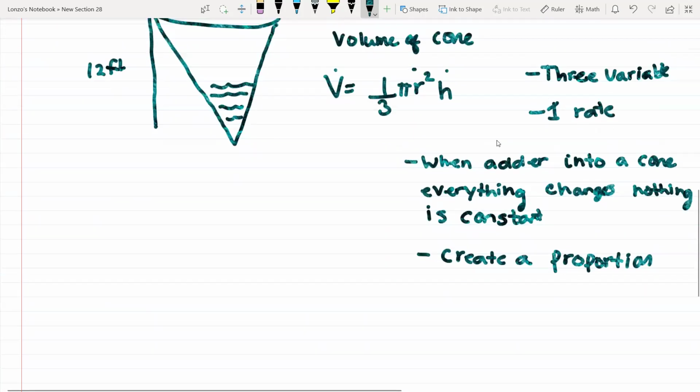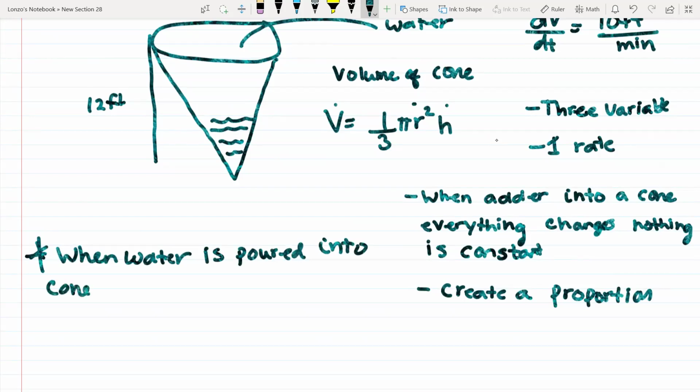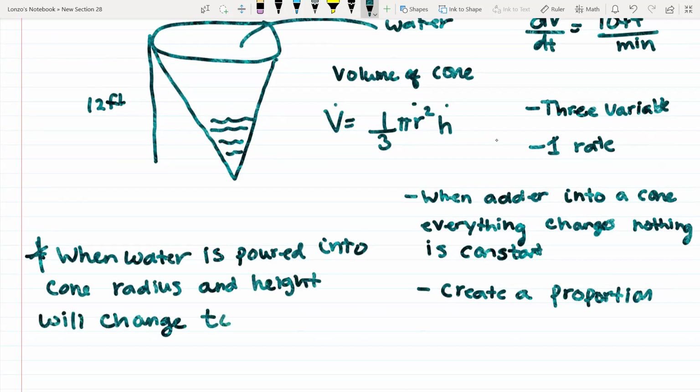So what do we know? We also know that when water is poured into the cone, the radius and the height will change together.